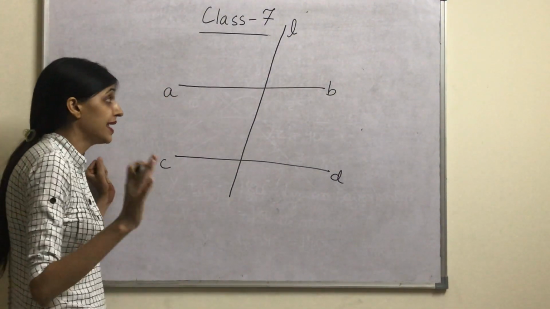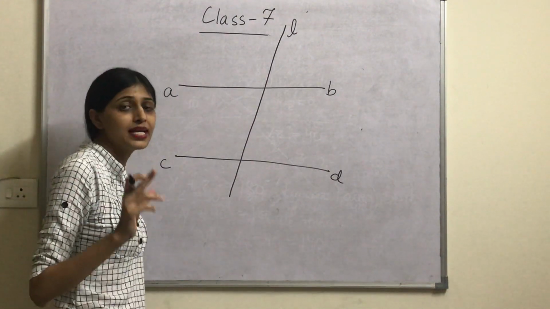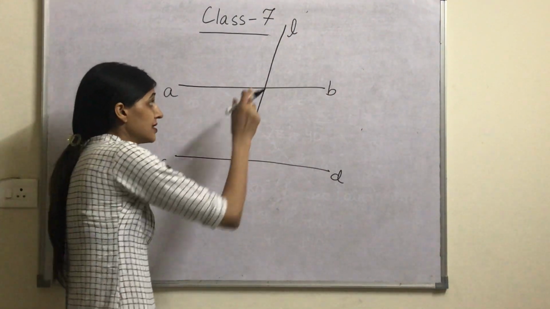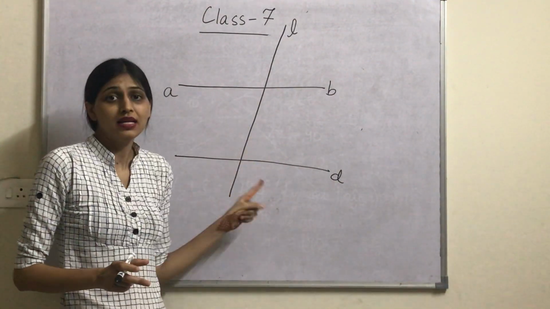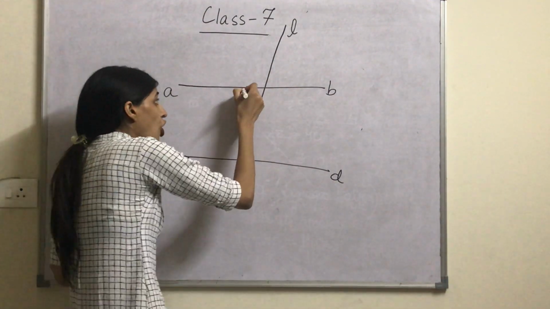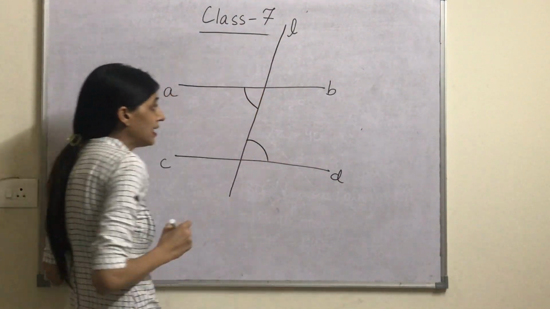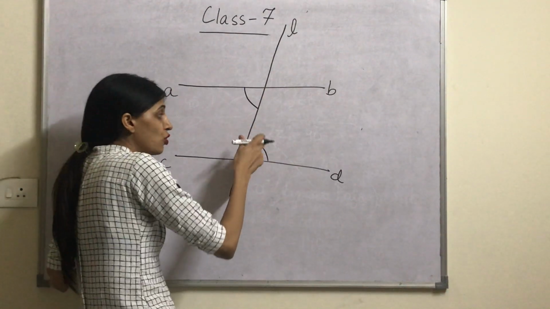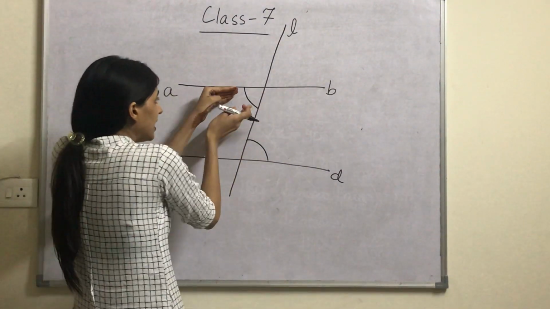Now three things you need to understand on the basis of transversal. First, when a transversal cuts two parallel lines, then the alternate interior angles, which are on the opposite side, are equal. That is, this angle is in the interior of this line.